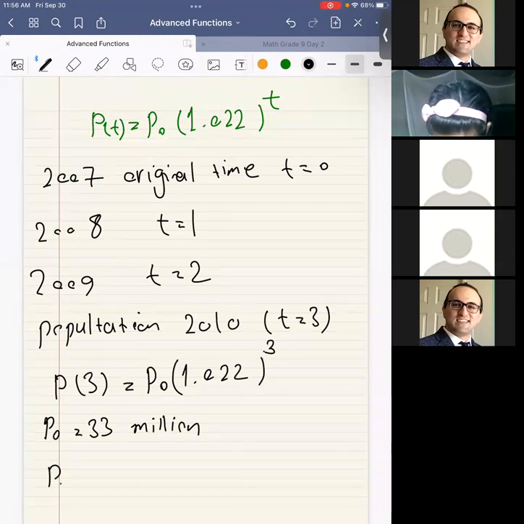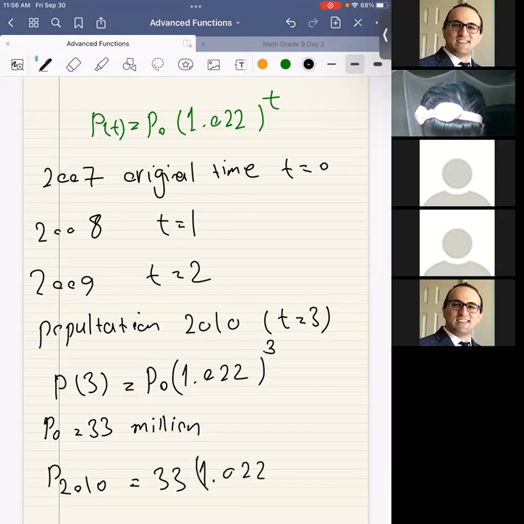So that means P of 2010 is equal to 33 times 1.022 to the power 3. I think it's 35.2.